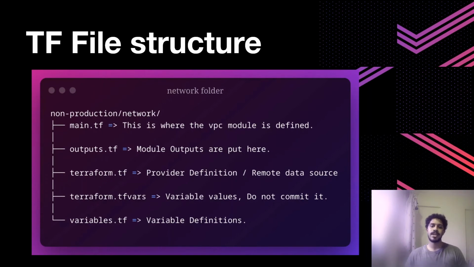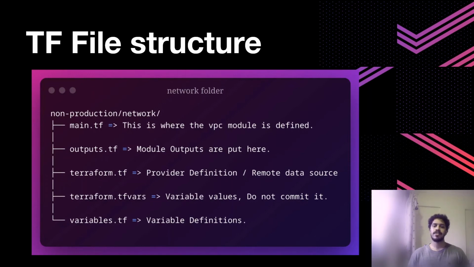Next is the Terraform.tf. In this, I define the provider. I define the remote data source basically, from where I will request data or pull data as a read-only resource. There are also two files called variables.tf and terraform.tfvars. terraform.tfvars is a file that you can provide in your folder, and Terraform will automatically read the variable values from it, provided it is defined in variables.tf.